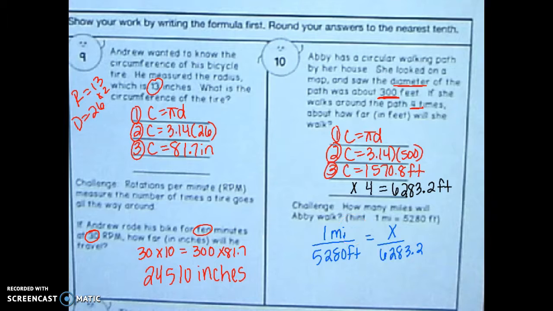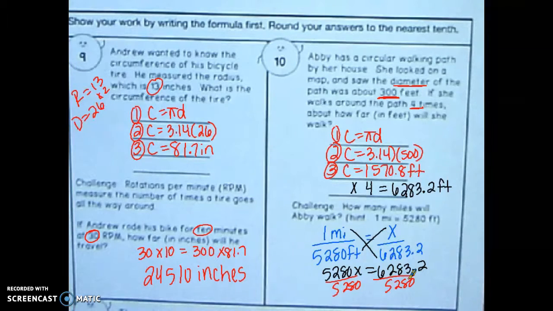So when we cross multiply, we get 5,280x equals 6,283.2. Divide by 5,280. And again, this is just extra. This is above and beyond the circumference. We get that she will have walked 1.2 miles.